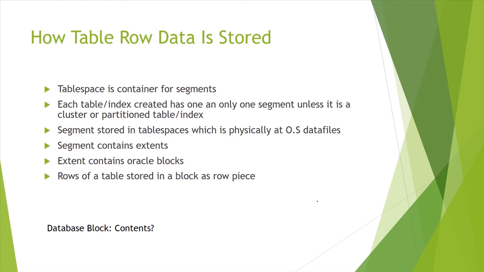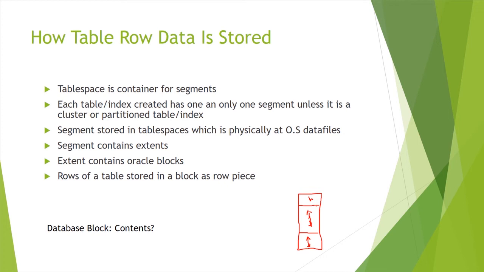The hierarchy of the Oracle database block. The Oracle database block contains three sections: the header, the raw data, and the free space. The raw data is the actual data that comes from the insert and update operations. This is the header of the record, and this is the free space.